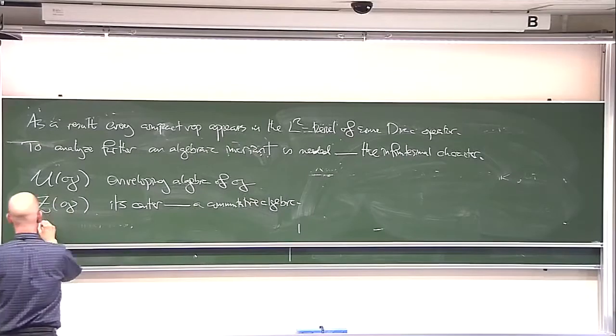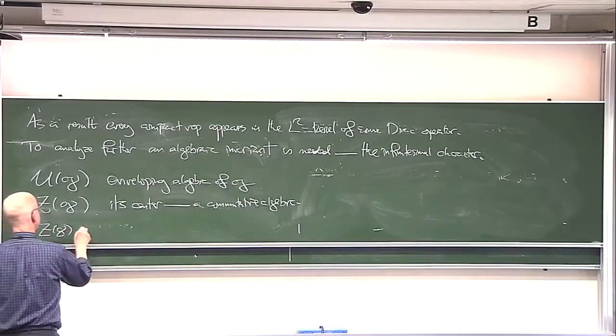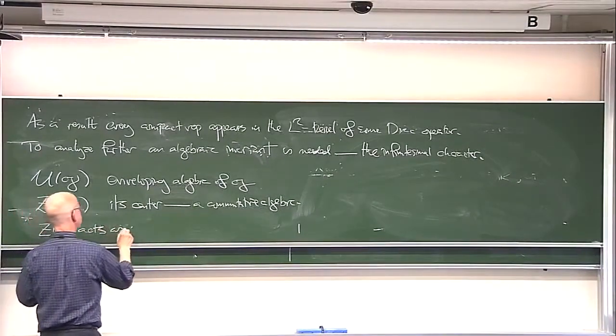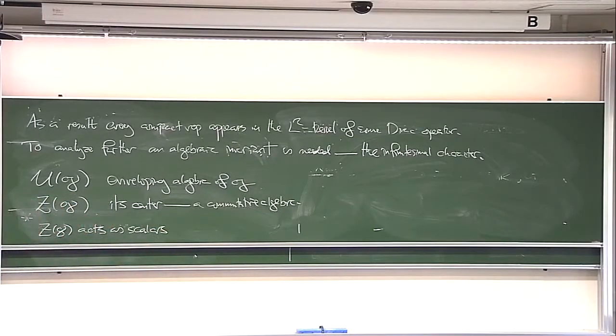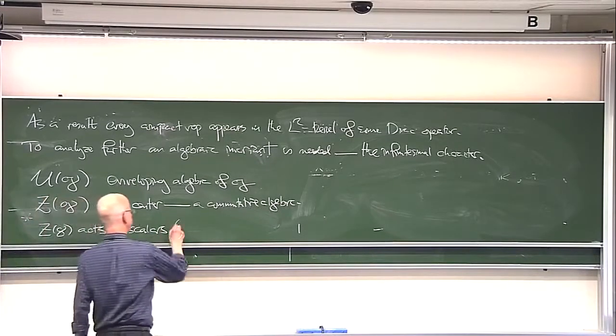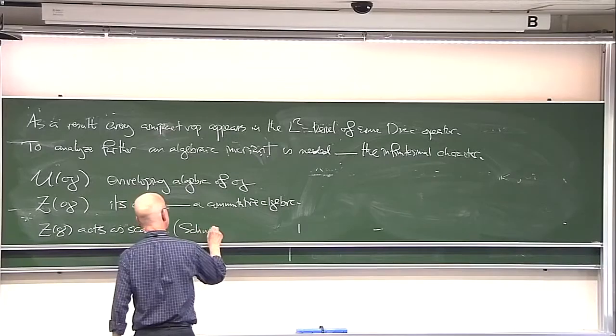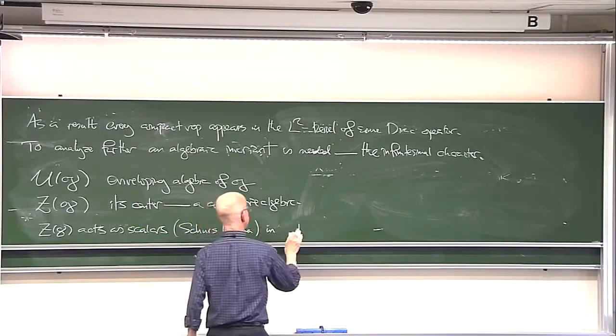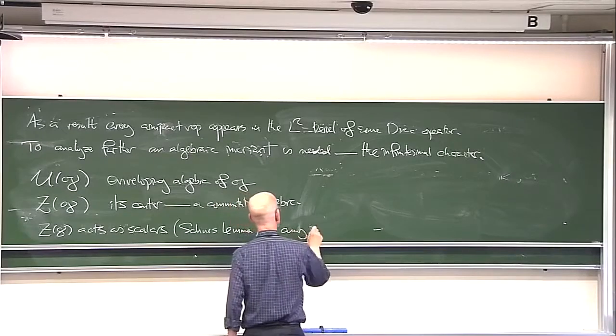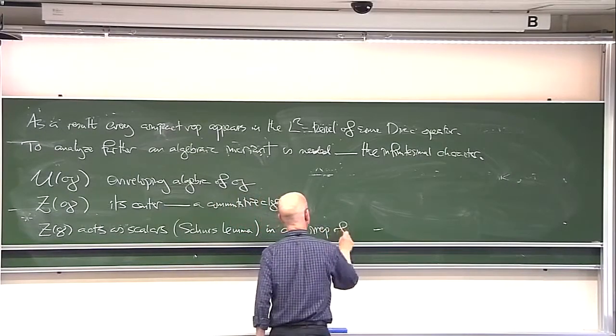So this thing acts wherever G acts, through an algebra homomorphism, and it acts as scalars by Schur's lemma in representation theory in any irreducible representation of G.